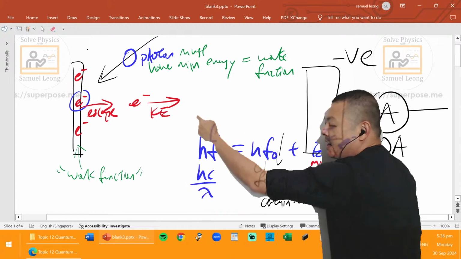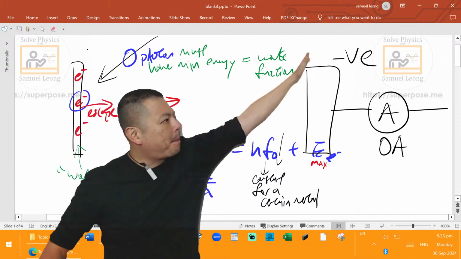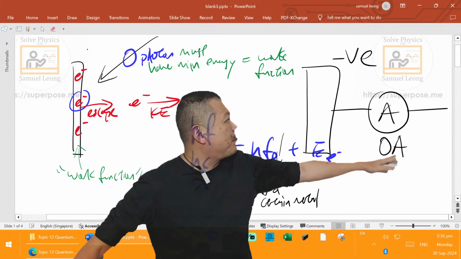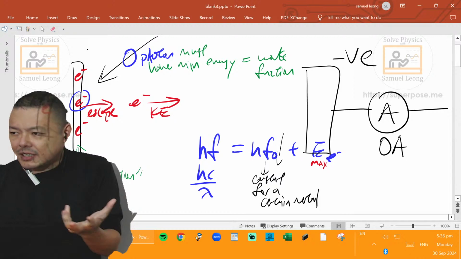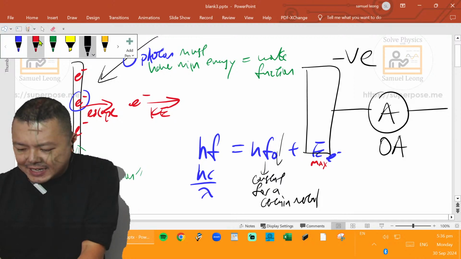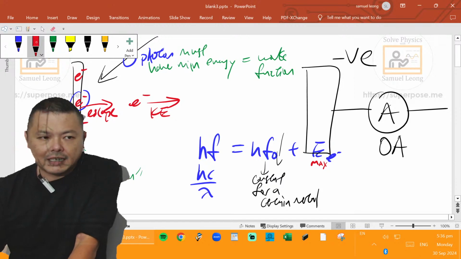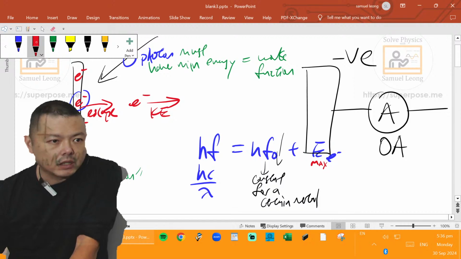But how does that work? How does putting a plate here and making sure the ammeter reading is 0 ampere help you calculate the amount of Ke that it has? Because of potential energy. This is basically topic 10, electric potential energy.